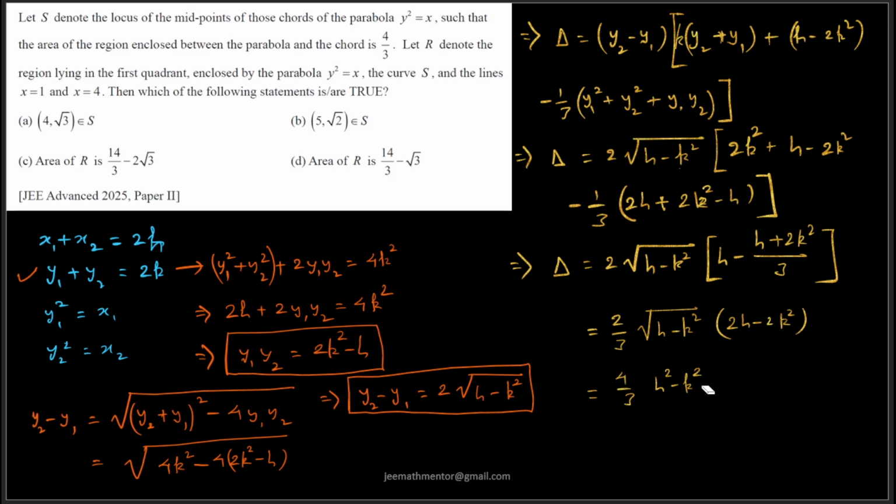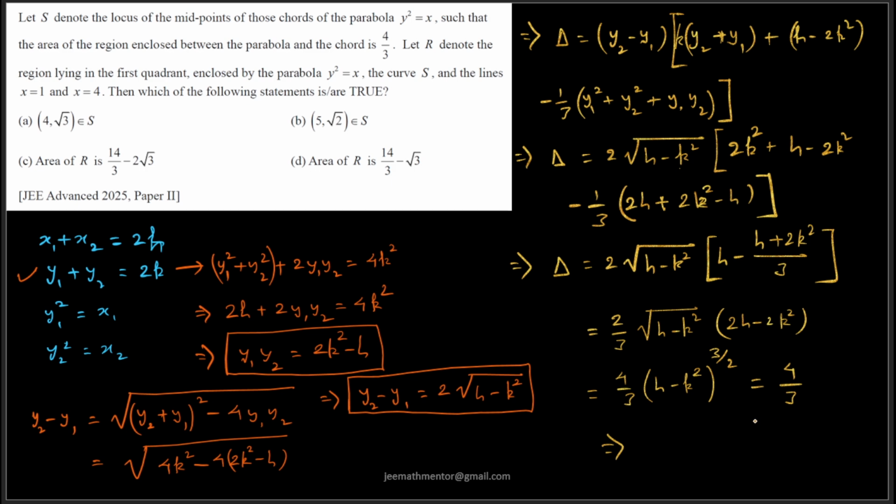So the squares will be removed from here, which gives us h minus k squared root over times h minus k squared. So that would be h minus k squared raised to the power 3 by 2. And now this is the area as given to be 4 by 3 in the problem. And this is the significance of this 4 by 3 term.